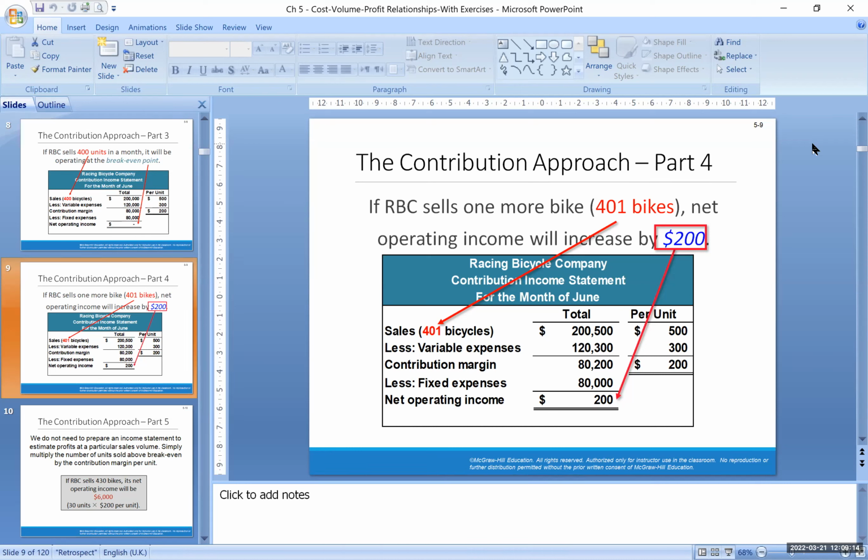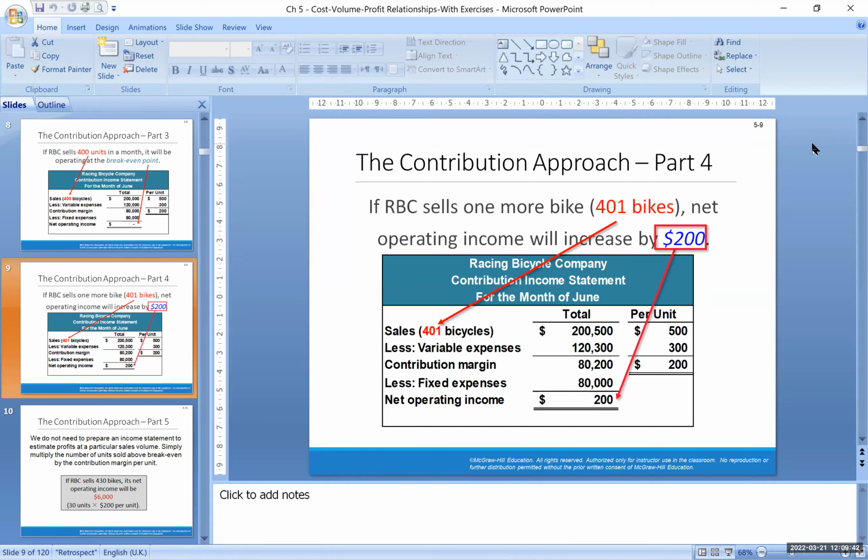So 200,500 minus 120,300 equals 80,200. This is the contribution margin for the company. We have total fixed costs of $80,000, so the net operating income will be 80,200 minus 80,000, and the answer is $200.